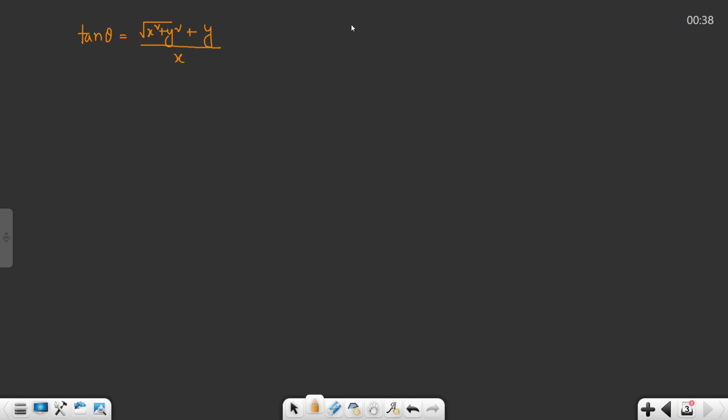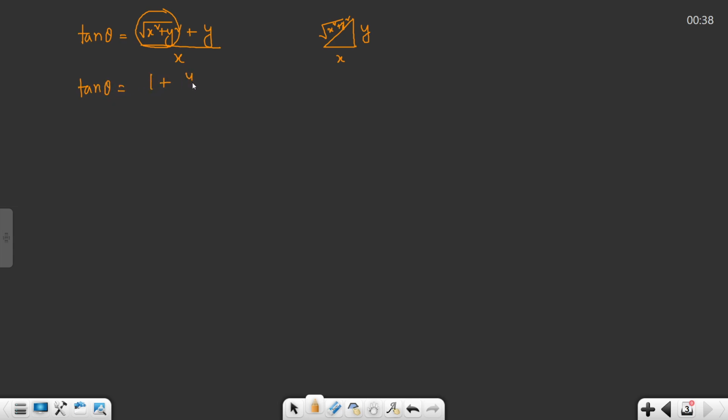Imagine there's a right-angled triangle for which y is the perpendicular, x is the base, and obviously then this becomes the hypotenuse, right? So if you divide this thing both in the numerator and the denominator, then you will get something very interesting.